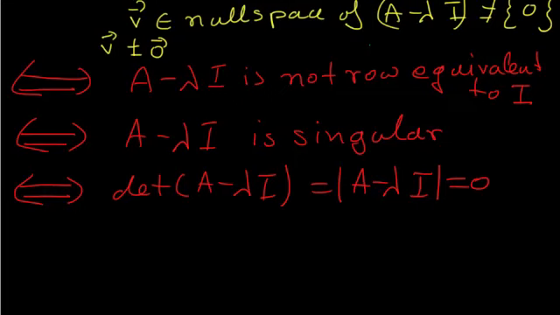So that gives us a way of finding these lambdas. Basically, what we need to find is the determinant of A minus lambda I, set it equal to 0, and solve for lambda.